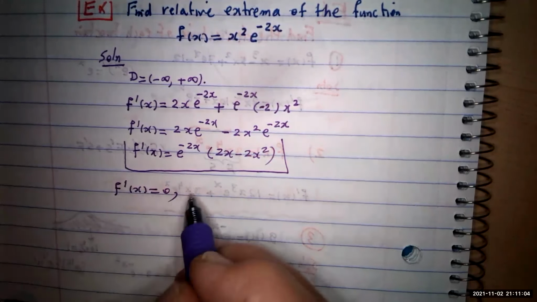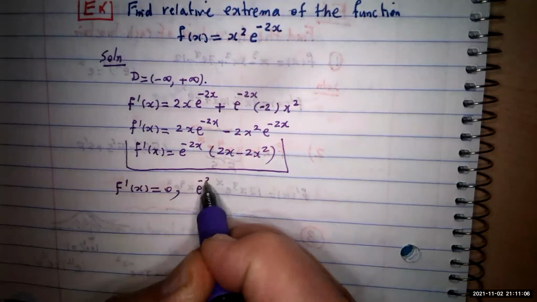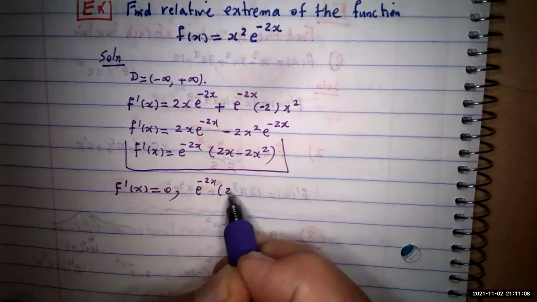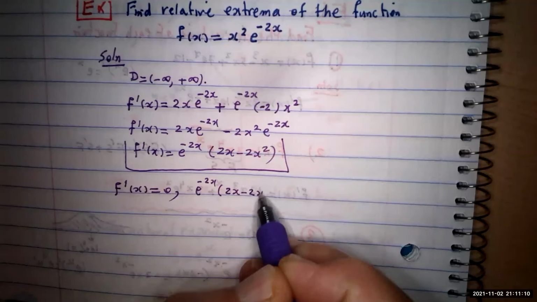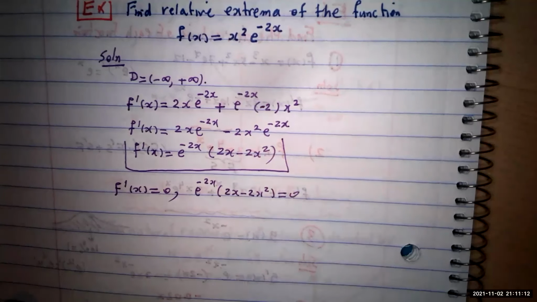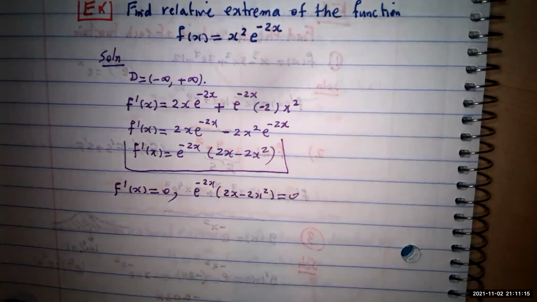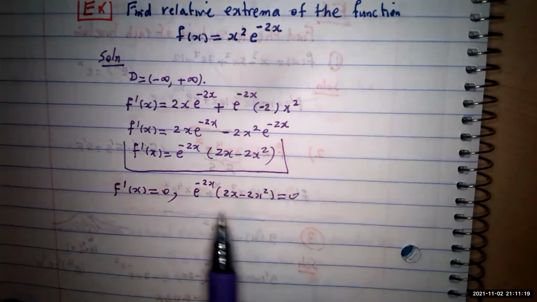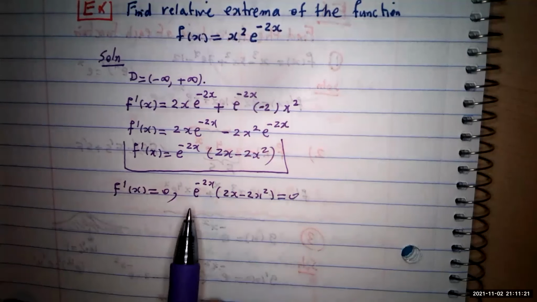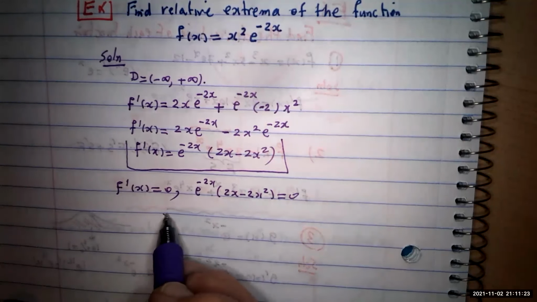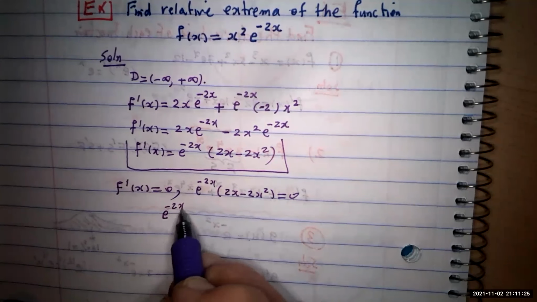So this means e to the negative 2x times 2x minus 2x squared equals 0. Now you see a product is 0. You know that when a product is 0, a factor must be 0. So this factor, e to the negative 2x, equal to 0?